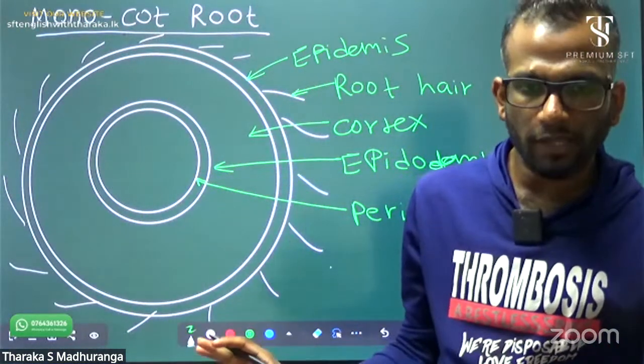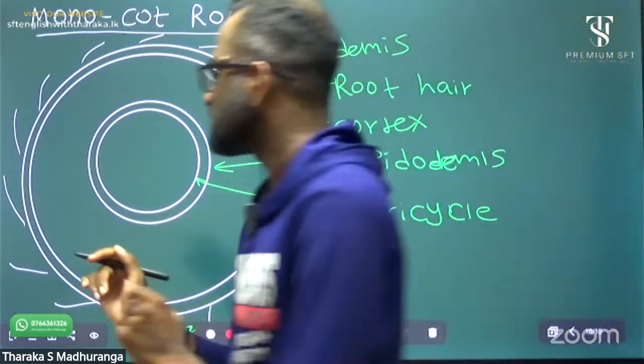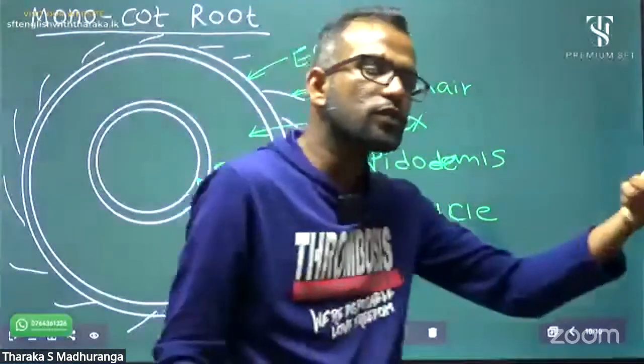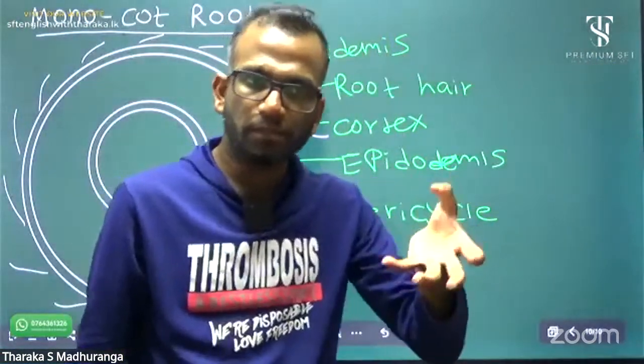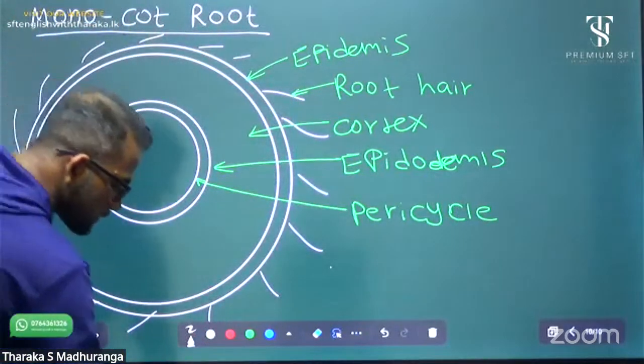Dicot and monocot are both the same, but the xylem and phloem are a little bit different. In the dicot root the xylem is star-shaped, but the monocot is not like that.